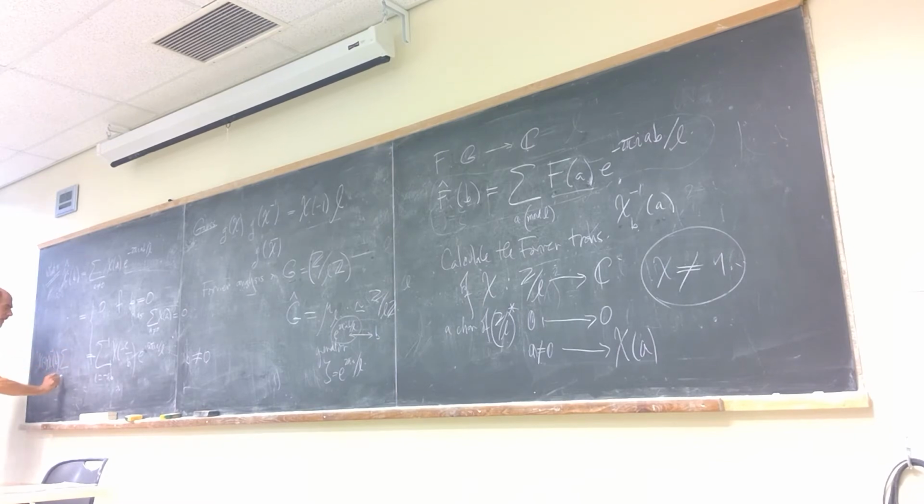The sum over C, chi of C, e to the 2 pi I C over L. And this is what we call the Gauss sum of chi. That was the definition of the Gauss sum of chi. So we see what chi hat is.